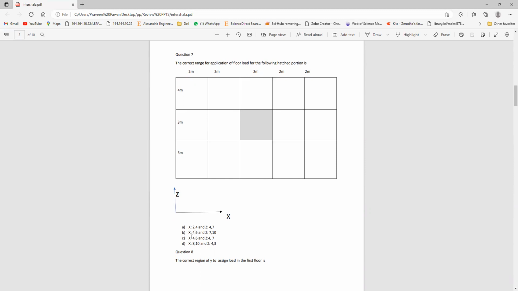X is 4 and 6, where B and C seem the same. Now coming to the Z range, we need to count from this side because the origin is here. So here it is 4 and 7. So option C is the right answer for question 7.